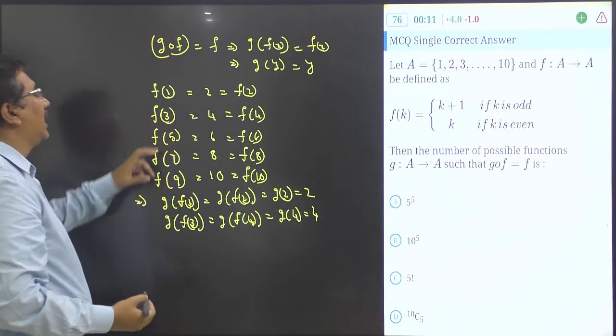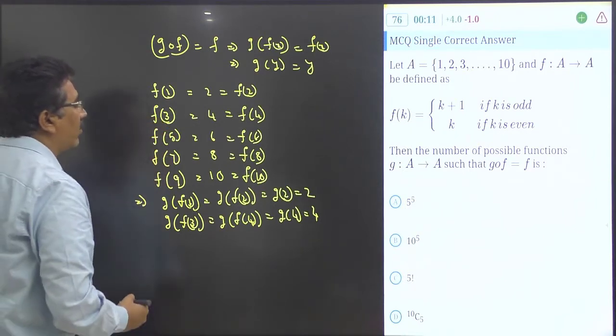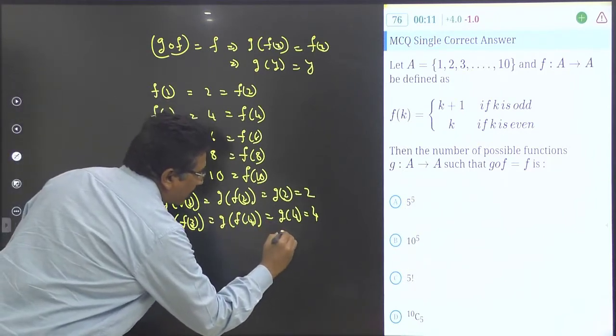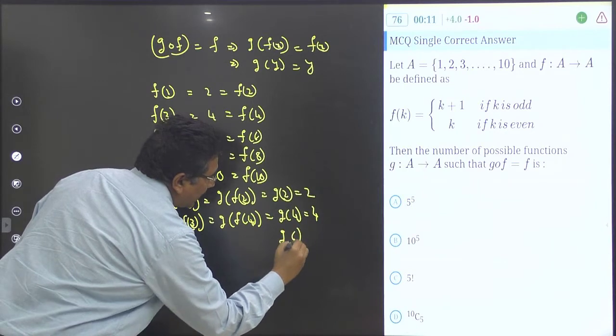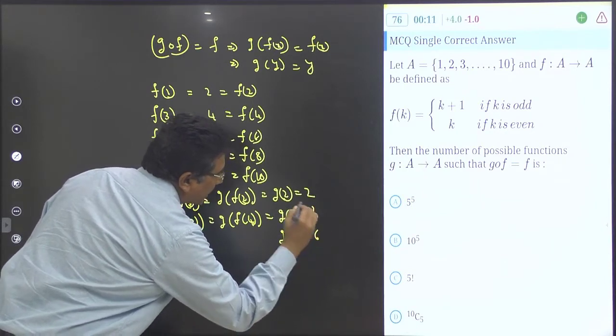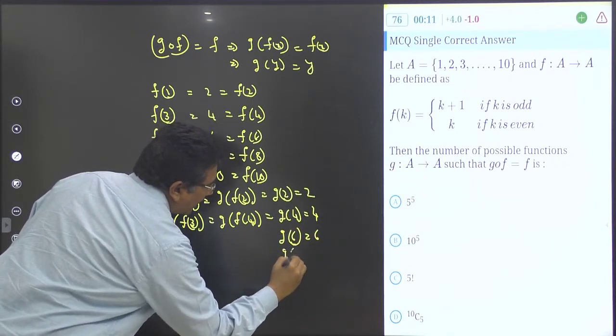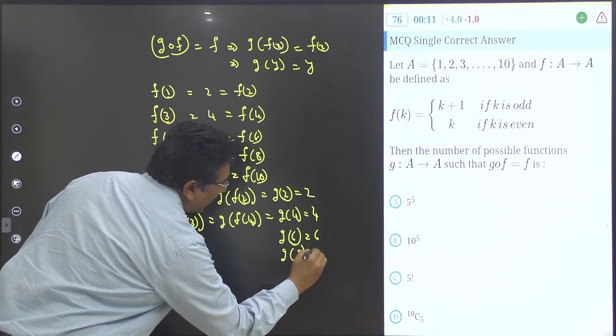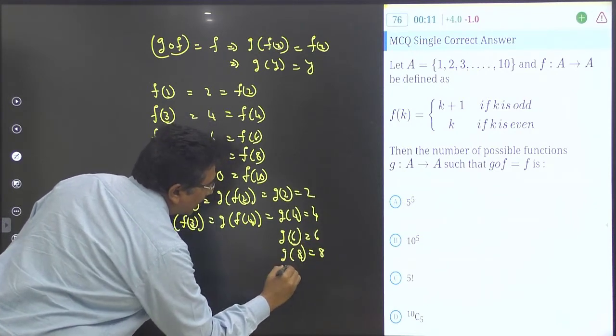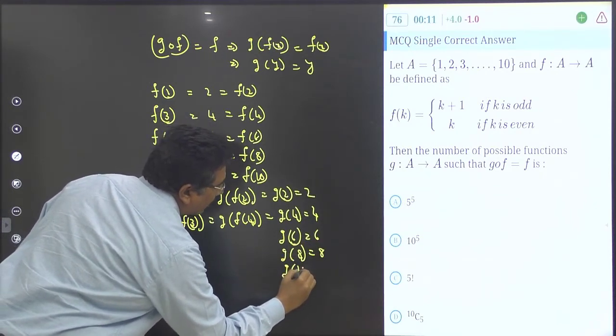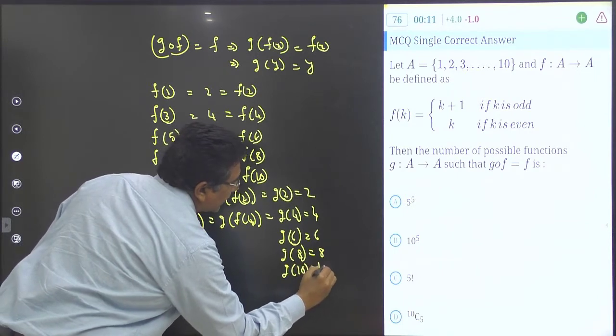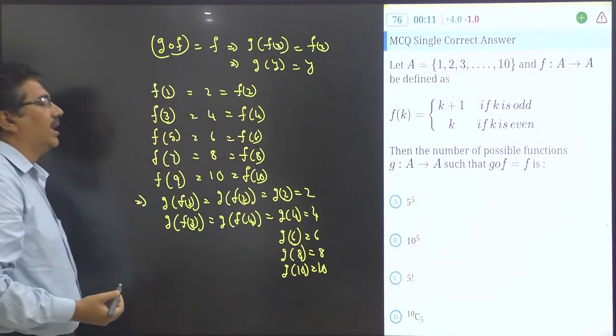Now continuing like this, we get g of 6 is equal to 6, g of 8 is equal to 8, and g of 10 is equal to 10.